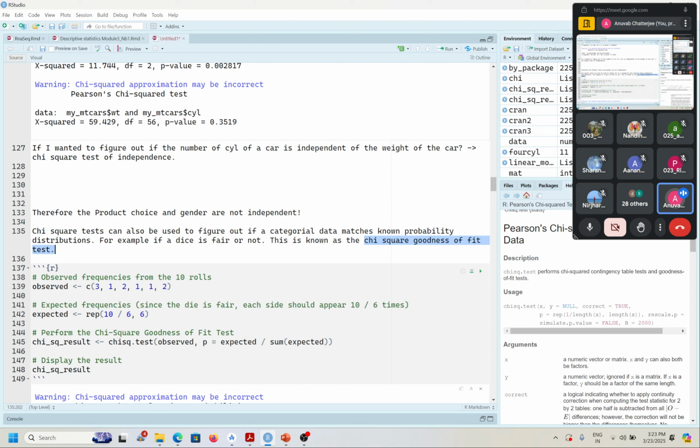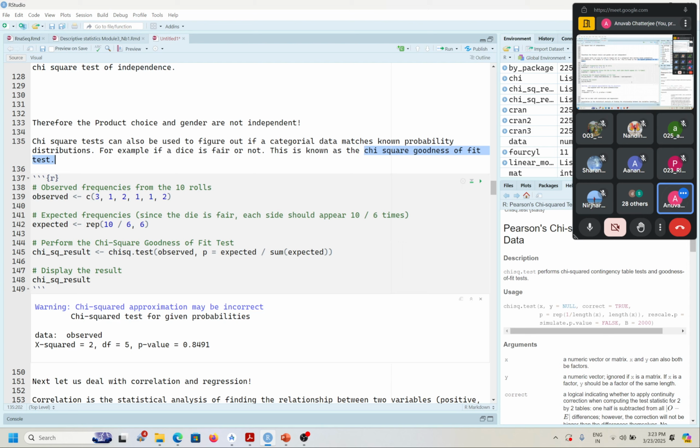If we take the same example and try to figure out if our die is fair: we are rolling a die with six faces, and one comes up three times, two comes up once, three comes up twice, four comes up once, five comes up once, and six comes up two times. So you have rolled the die 10 times, and this is the number of times you see each face. And you now want to figure out if the die is fair or not.